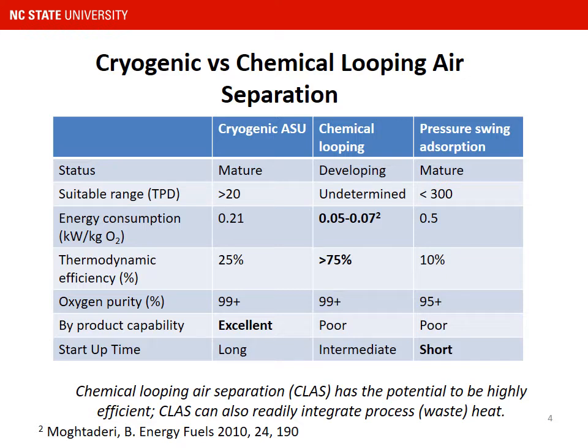The problem with the cryogenic method is that the energy consumption is high, requiring 0.2 kilowatt-hour to produce 1 kilogram of oxygen. So its thermodynamic efficiency is relatively low, at 25%. Another major technology is pressure swing adsorption, which is generally used for small-scale oxygen production.